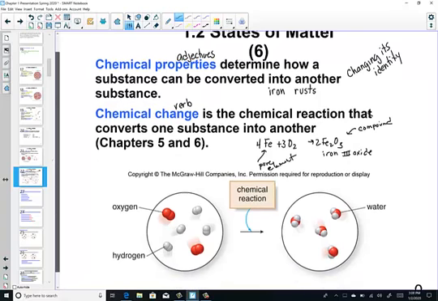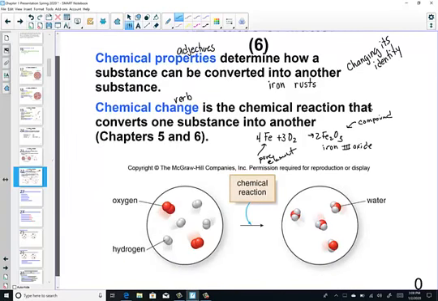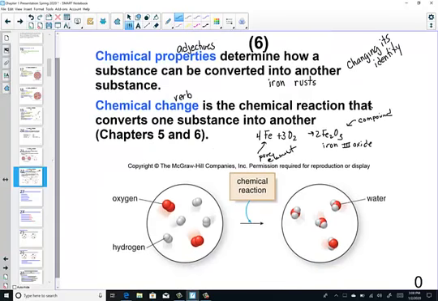Notice here, giving us a molecular view of a chemical change, I have a hydrogen molecule here written as H2. I have an oxygen molecule here written as O2. And it looks like I have inside this circle a total of 4 molecules of hydrogen, and I have 2 molecules of oxygen.